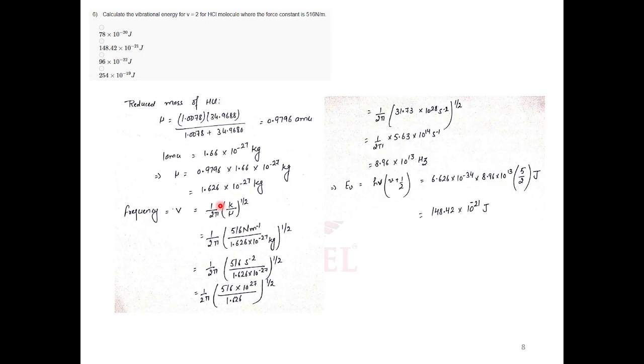You need to find out the reduced mass, because that you know already. 1 amu equals 1.6 into 10 to the power minus 27 kg, and from there you can get the value of the reduced mass, 1.626 into 10 to the minus 27 kg. And from there you can get the value for the frequency, and the frequency is coming around 8.96 into 10 to the power 13 hertz, and the energy is h nu into (v plus half), so 148.42 into 10 to the minus 21.